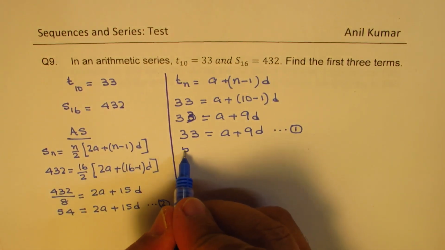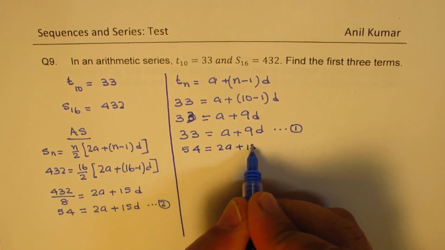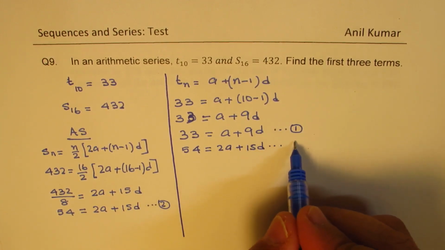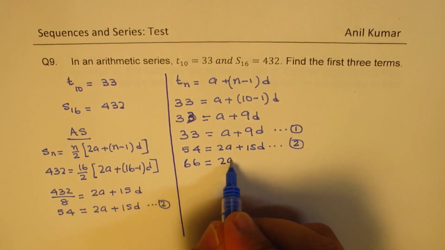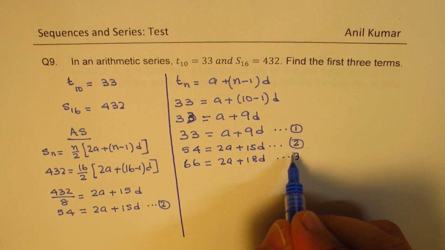So we have 54 equals 2a plus 15d. We can multiply the first equation by 2. So we get 66 equals 2a plus 18d, right? That's equation 3.